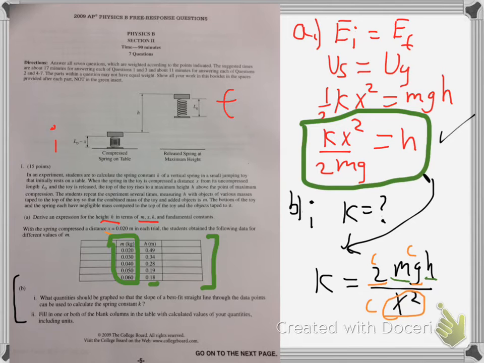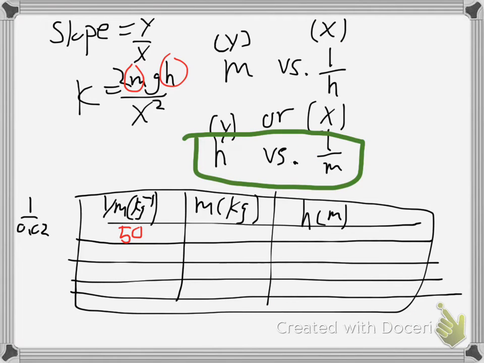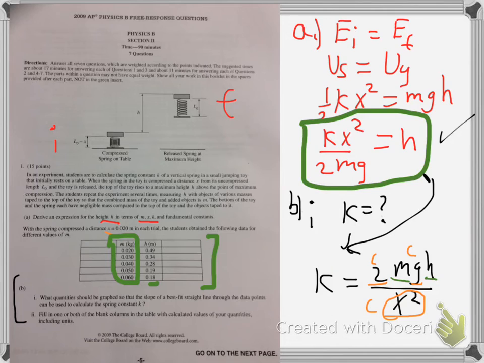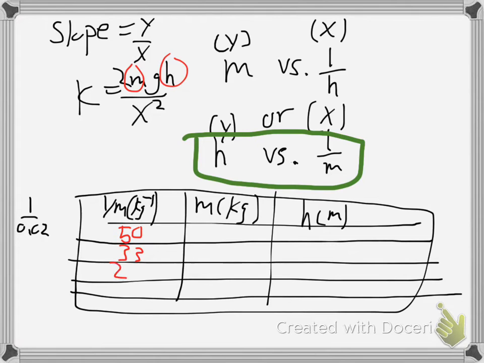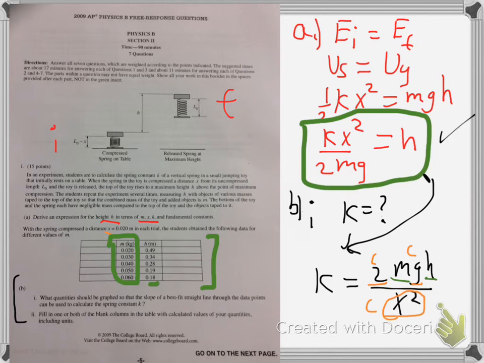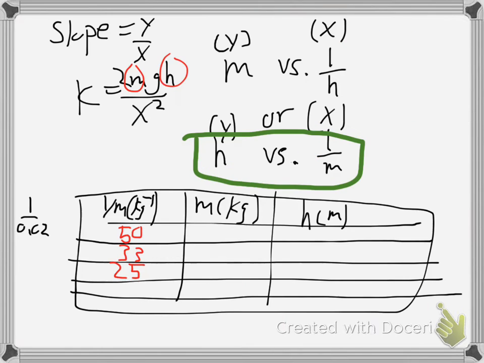The second one is 1 over 0.03, and that comes out to about 33. 1 over 0.04 comes out nice to be 25. 1 over 0.05 comes out to 20, another nice number.